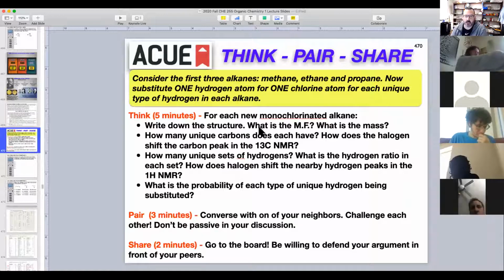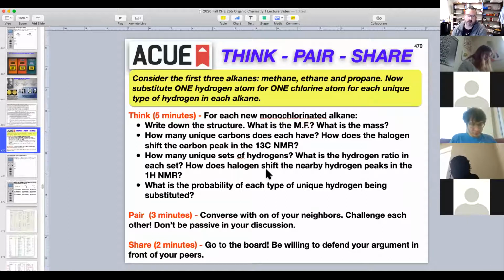So write down the structure, determine the molecular formula, determine the mass, unique number of carbons, how does the halogen affect the carbon shift, unique sets of hydrogens, what's the hydrogen ratio in each, how does the halogen affect the hydrogen peak shifts, and then finally, what is the probability in the starting material of each unique hydrogen being substituted.